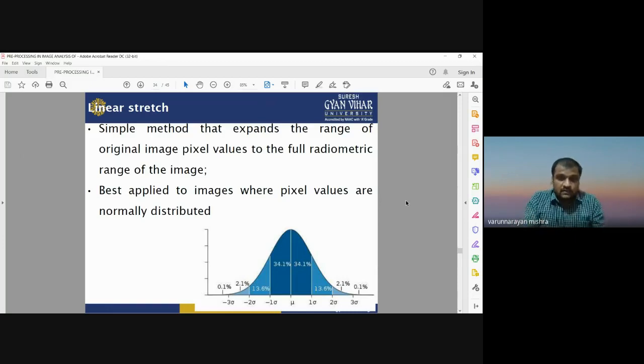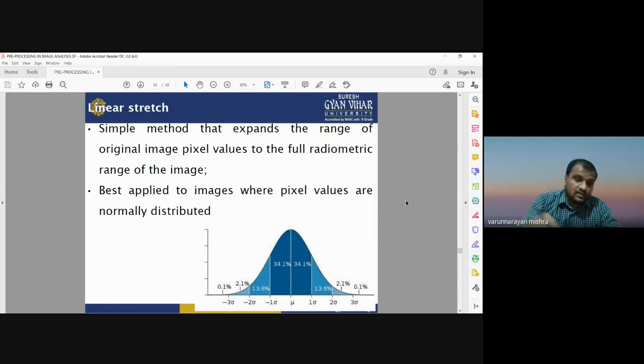So in linear stretching, we perform enhancement to expand the range of the original pixel values in that image to the full radiometric range of the image. Linear contrast stretching is best applied to images where pixel values are normally distributed.